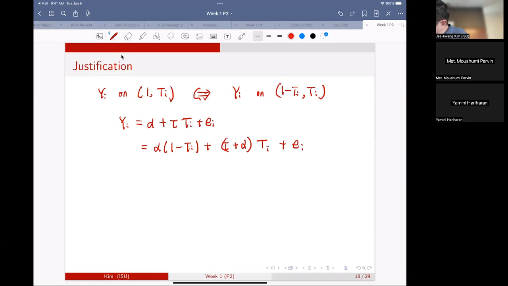Maybe I should use beta to make the notation clearer.